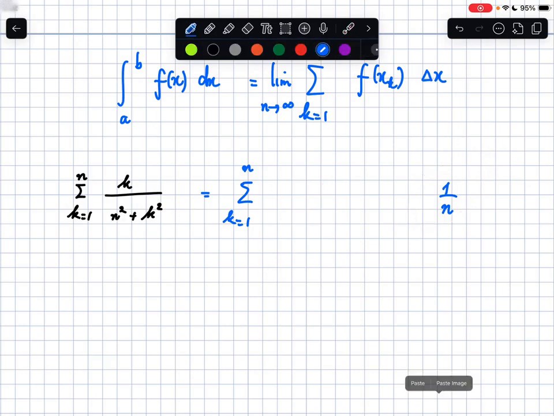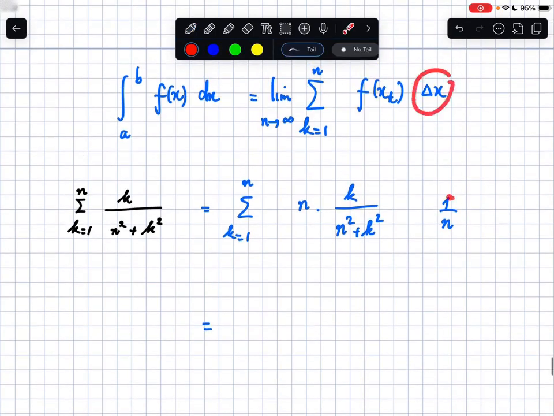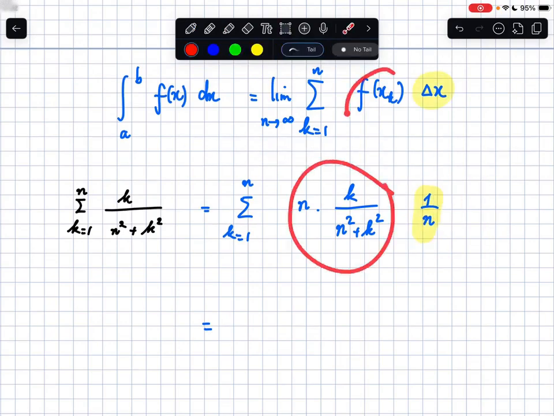So n times k over n squared plus k squared. So we have delta x, 1 over n, already. The whole remaining thing is f of xk.